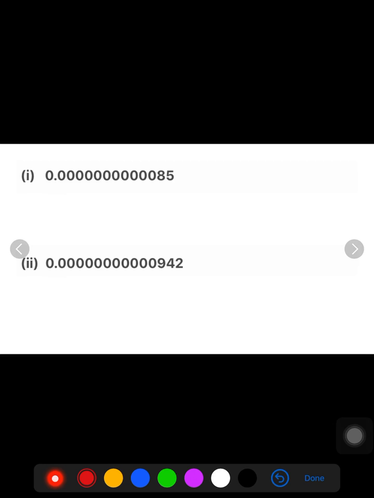We know that standard form will be represented as 8.5. That is, it should have only one digit in its ones place before the decimal. It can have tenths, hundredths, that's not an issue. So 8.5, it should be something like this, multiplied by a power of 10.